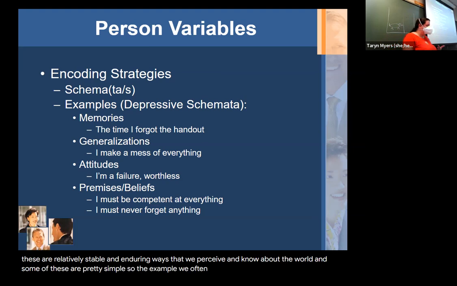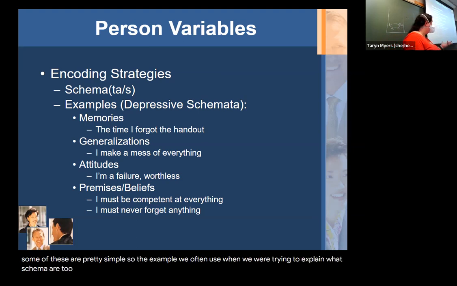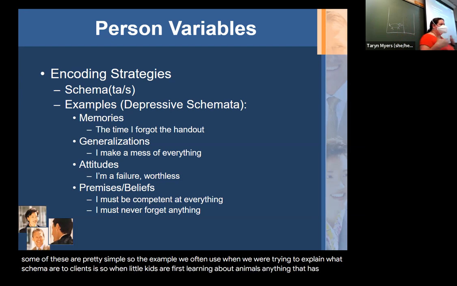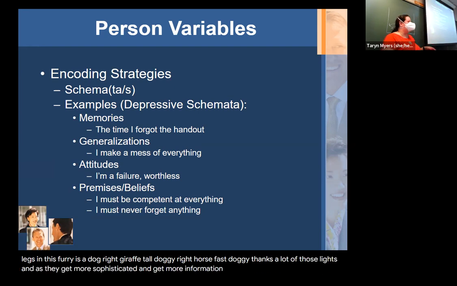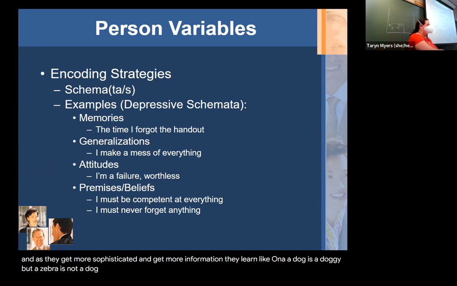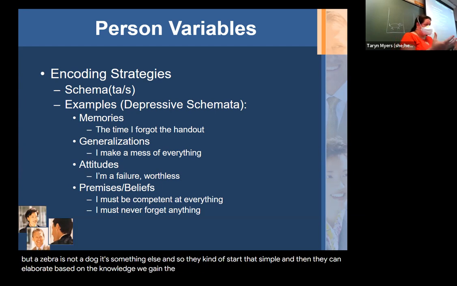The example we often use when we're trying to explain what schemas are to clients is, when little kids are first learning about animals, anything that has four legs and is furry is a dog, right? Giraffe, tall doggy. Horse, fast doggy. And as they get more sophisticated and get more information, they learn, oh no, a doggy is a doggy, but a zebra is not a donkey, it's something else. So they start that simple and then they can elaborate based on the knowledge we gain and the experiences we have.